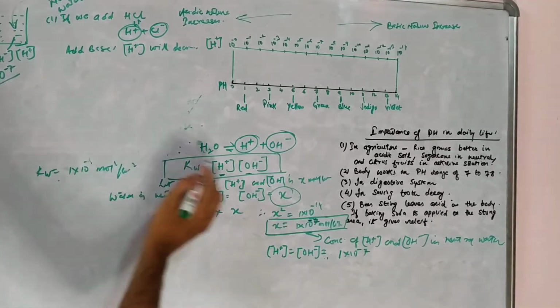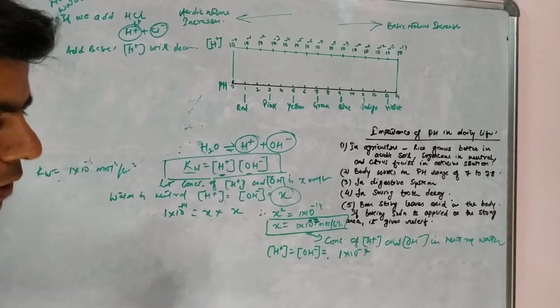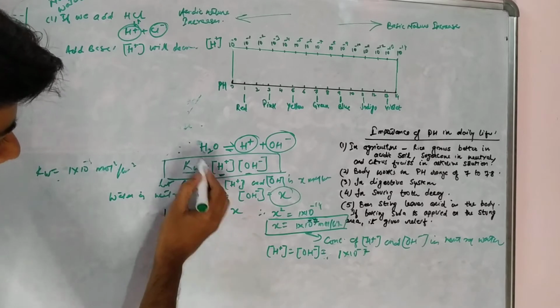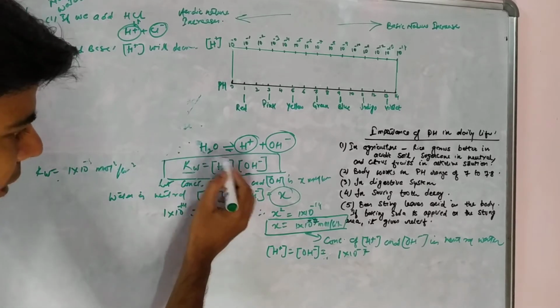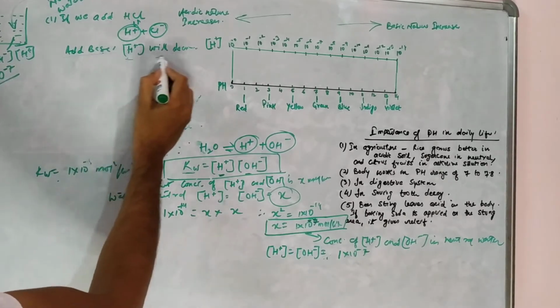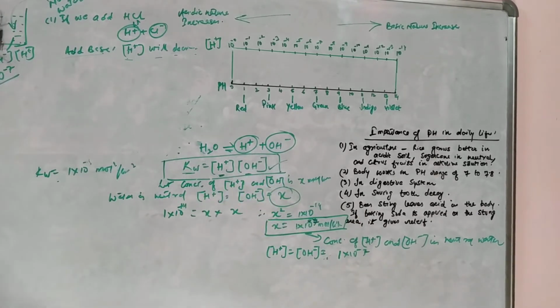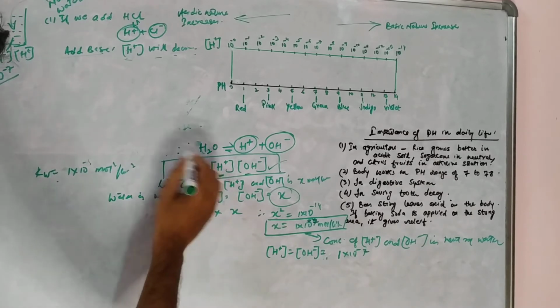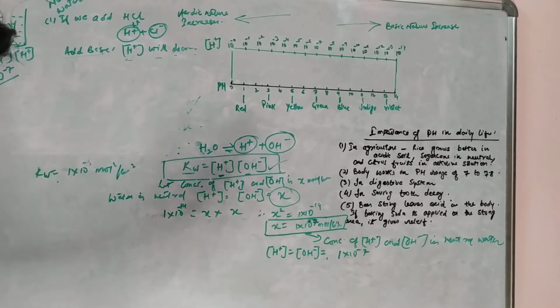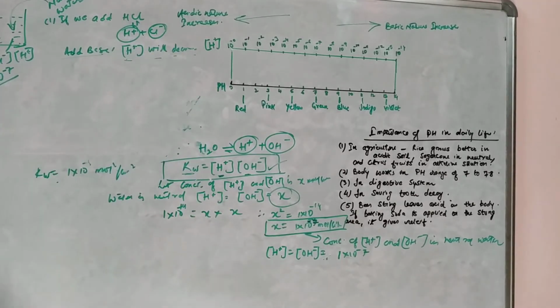And on adding base, OH ion concentration will increase, so as to keep Kw constant, hydrogen ion concentration will decrease. So hydrogen ion concentration will decrease in case of bases. This is important.